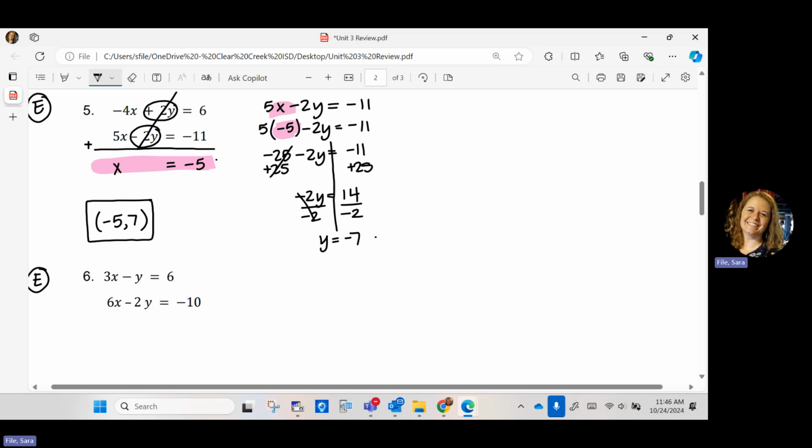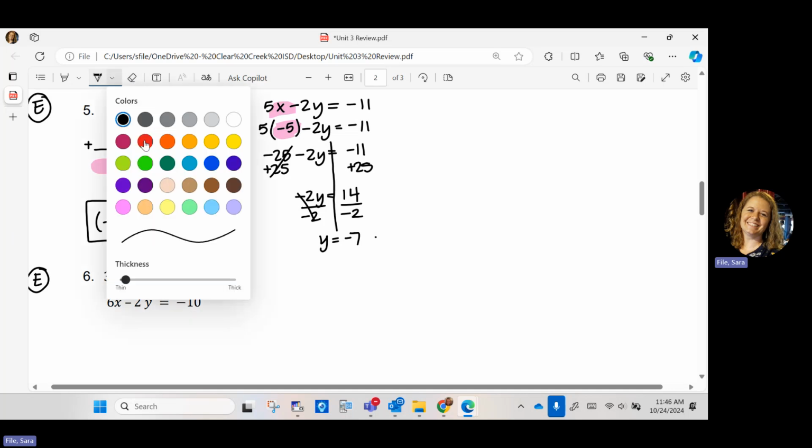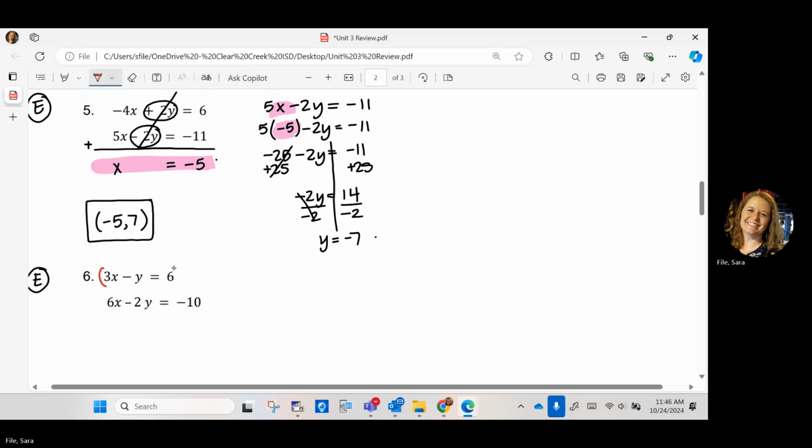So if I want to eliminate my x's here, this is a positive 6 and a positive 3. I would need to multiply by negative 2 because that would turn that into negative 6x.